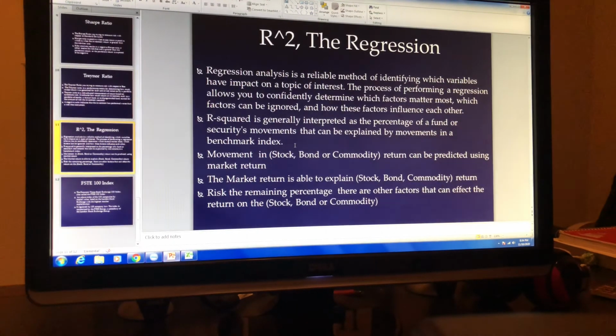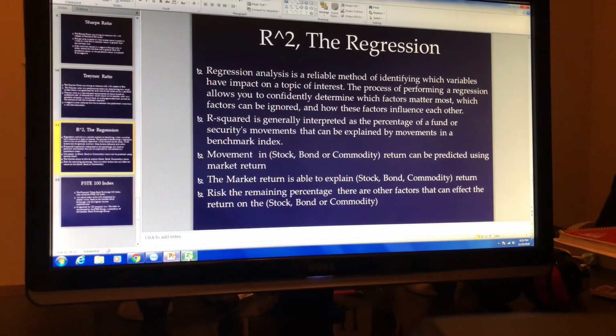And then the R squared is generally interpreted as a percent of a fund or security movement that can be explained by movements in a benchmark. Movements in a stock, bond, or commodity return can be predicted using the market return. The market return is able to explain the stock or bond commodity return.